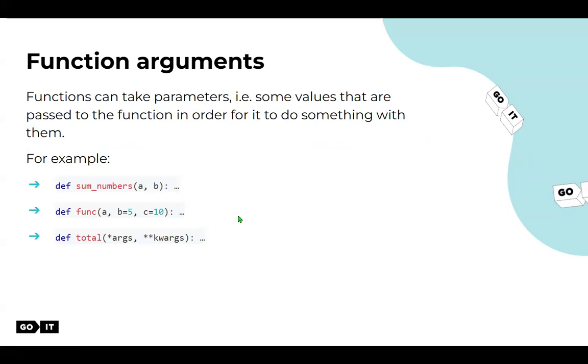Now, function arguments. These are going to be parameters that are passed on to the function in order for it to do something with them. So these are your examples. Each of the lines is its own code for the most part.